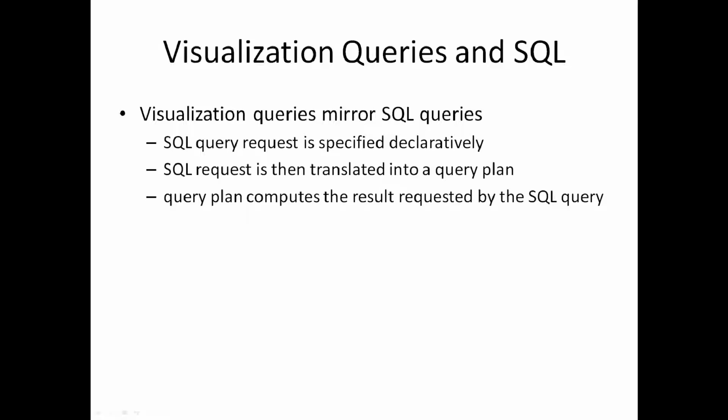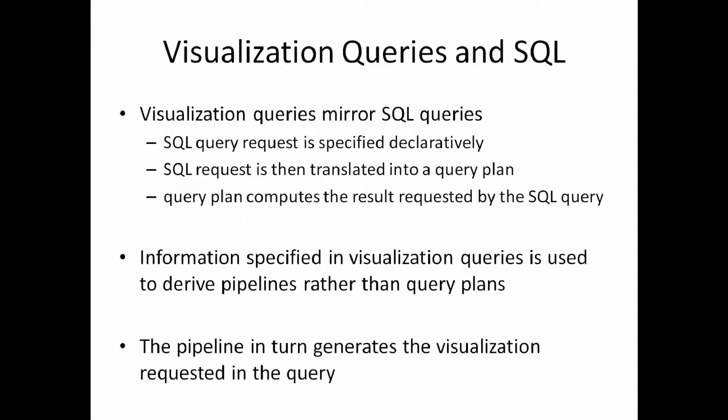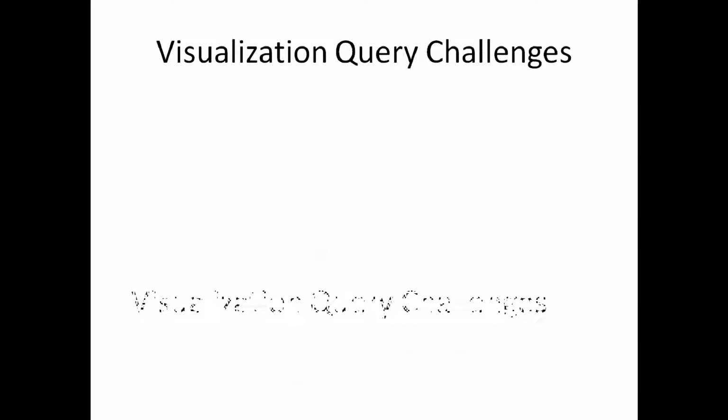And finally, the query plan computes the result requested by the SQL query, usually a table. With our visualization queries, information specified in the query is used to derive visualization toolkit pipelines, such as our VTK Java pipeline, rather than query plans. The pipeline in turn generates the visualization requested by the query.